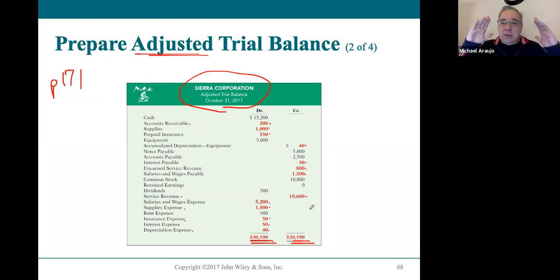So now that we've done all those adjustments, we have an adjusted trial balance showing the new balances in the accounts that were affected. Notice cash isn't affected because cash is not part of the adjustment process, right? Did we ever talk about cash in the last 2 objectives? No. So cash is never affected by the adjustment process, because the only thing we're doing is adjusting our revenues and expenses with some of the asset accounts and some of the liability accounts.